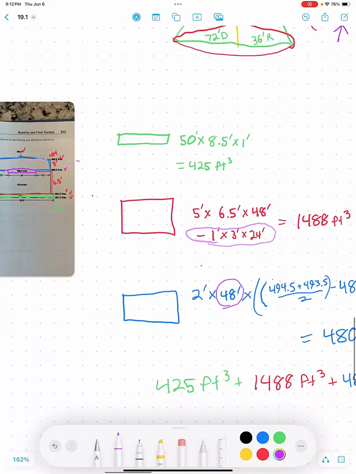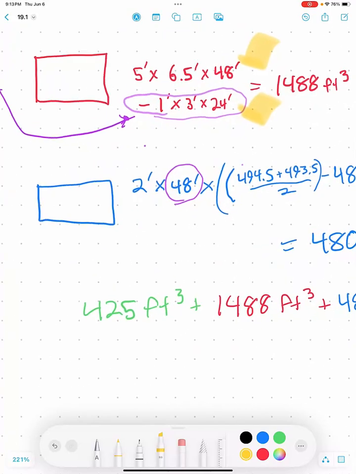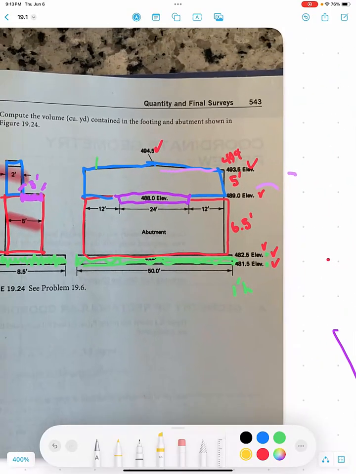Draw that guy back in there. So that purple bit is what we subtract out. That's pretty simple. We end up with our base times width times height on the green section, base times width times height on the red section, and subtract out the pink bit.